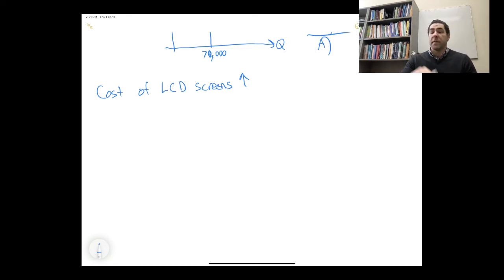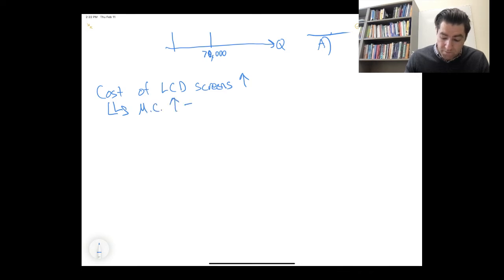So you put this screen on there, and that's how we interact with the phone. So that's a component to what we're producing, right? That's an input to production. So if the inputs to the phone get more expensive, the marginal cost is going to increase. Marginal cost increases, and that's a decrease in supply.